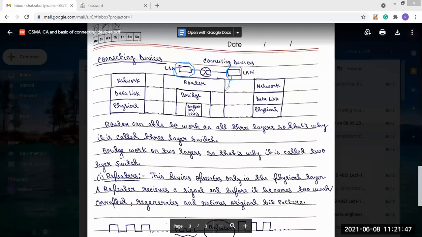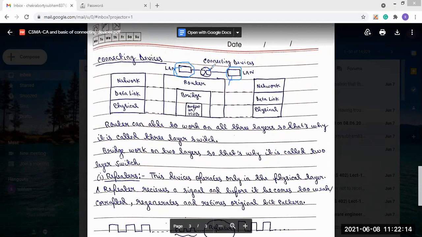And these two LANs which are present are connected with a device. This is known as the connecting device. So these two LANs are connected with a device, and the device by which these two LANs are connected is known as the connecting device.